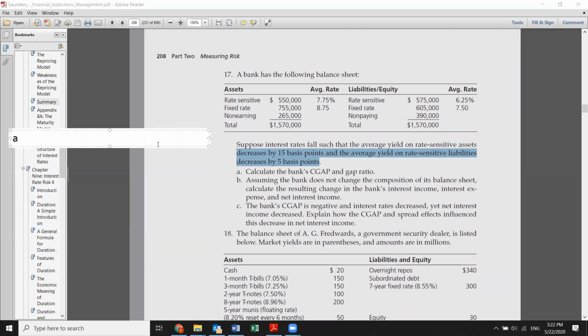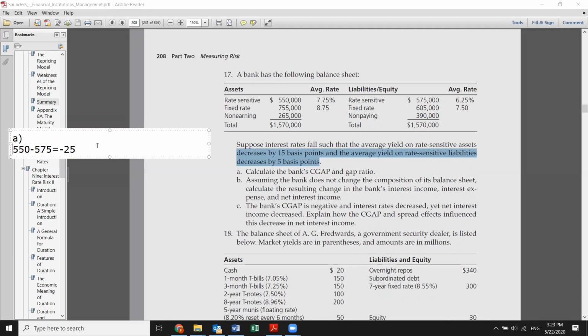So, A. Calculate the cumulative gap ratio. The cumulative gap will be equal to 550 minus 575. That would give you minus 25. So in here we have negative gap, as you can see, guys.